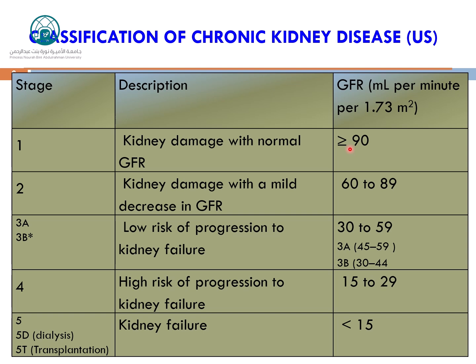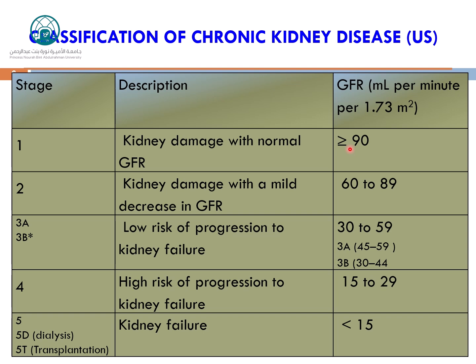The normal value, in the previous slide, has been set to be 120 to 140 milliliters per minute. So if the patient is in stage 1, the GFR will be a little bit less than 120 to 140. It will be above or equal to 90 milliliters per minute.